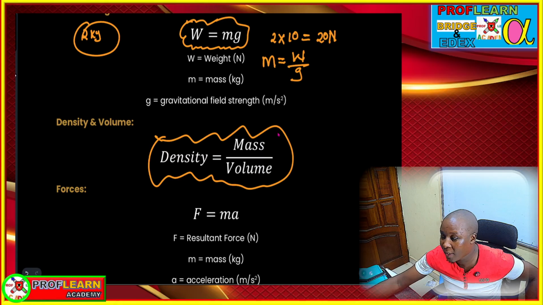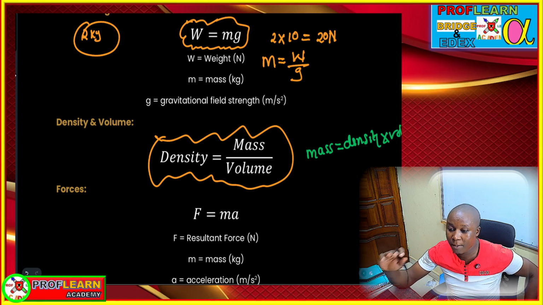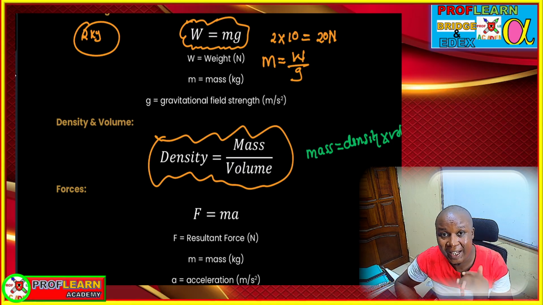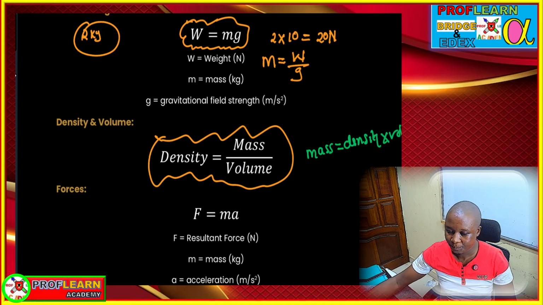You may be asked a question on how to use this formula, and if you are given density and the volume, then mass equals density times volume. So every time you are going to do a question, the most important thing you need to understand is what you are given and what you are finding.